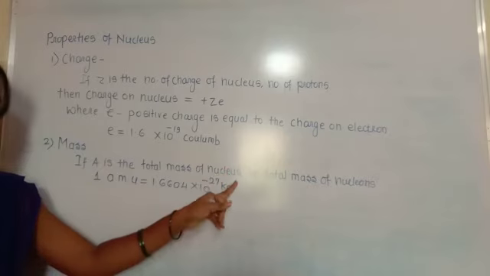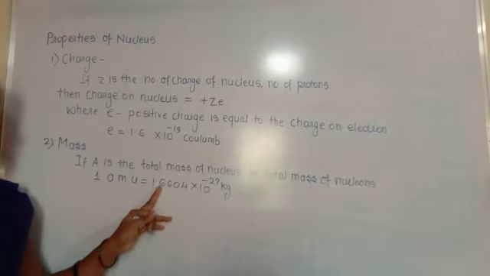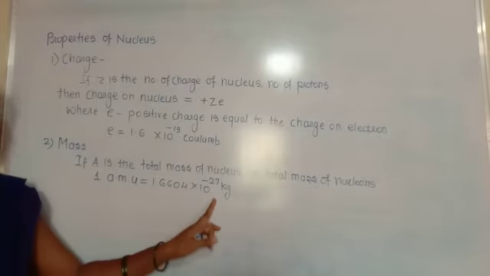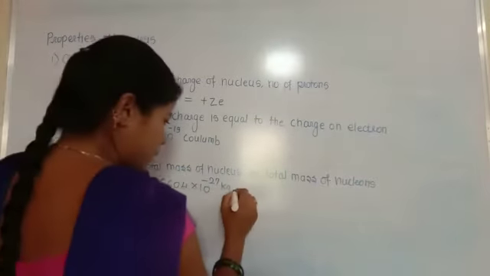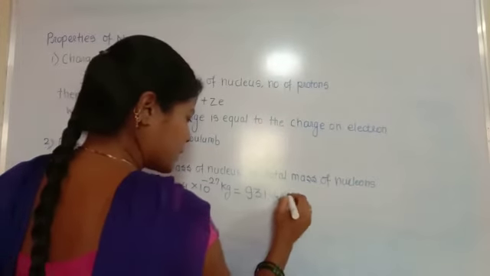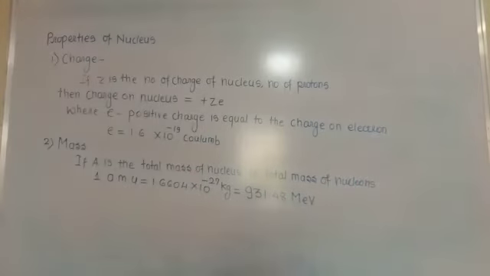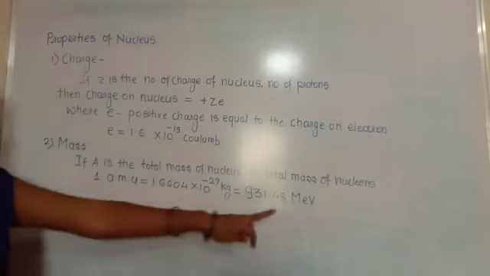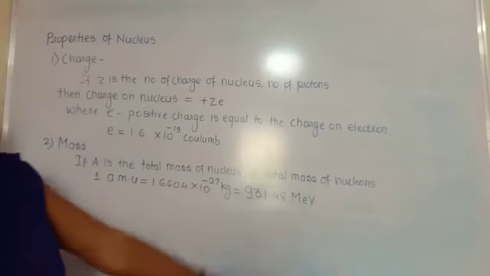The value of 1 atomic mass unit is 1.6604 into 10 to the power minus 27 kg, or it can also be written as 931.48 MeV. The capital M means mega, 10 to the power 6 electron volt.